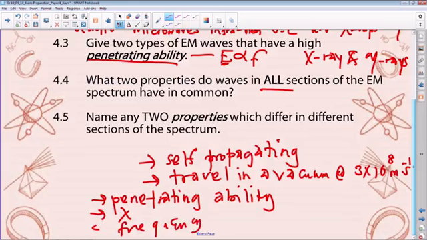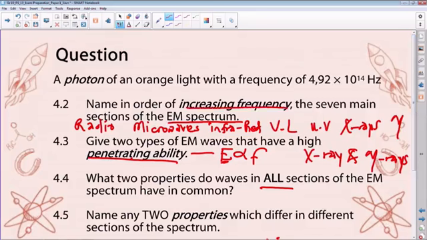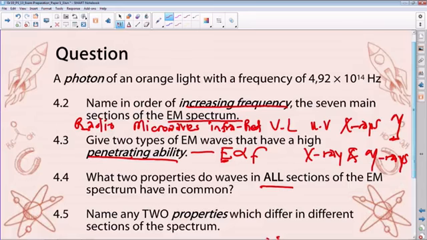Any 2 of those varies. From radio to gamma, we've got an increasing frequency, meaning that wavelength gets shorter and shorter as you move from radio to gamma rays. And also penetrating ability increases from radio to gamma rays.